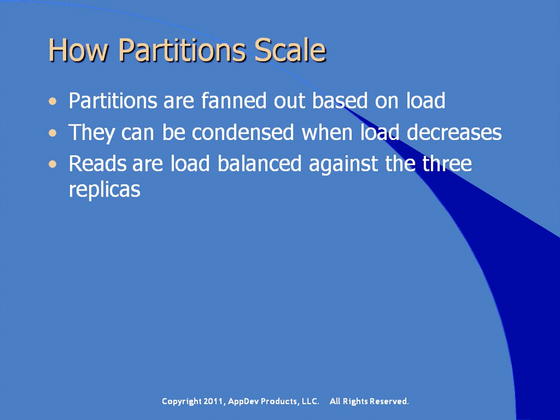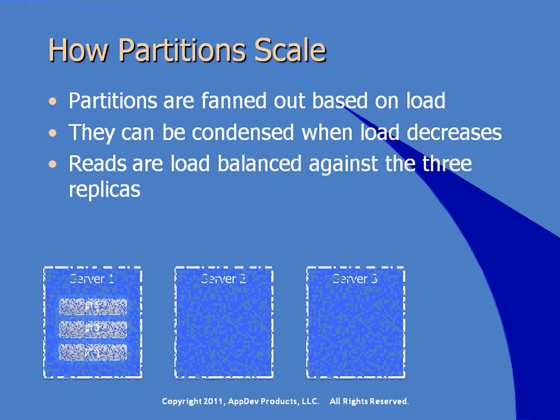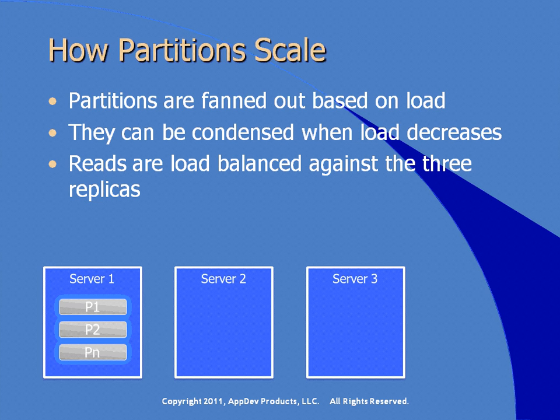So let's look at an example of how these partitions are fanned out and condensed based on load. Here we have server 1, and it's got partition 1, partition 2, and partition 3. Let's say, for example, partition 1 is becoming a hot partition, thus putting a performance decrease on the other partitions on that server. So Windows Azure will actually move that partition over to server 2 to increase performance.